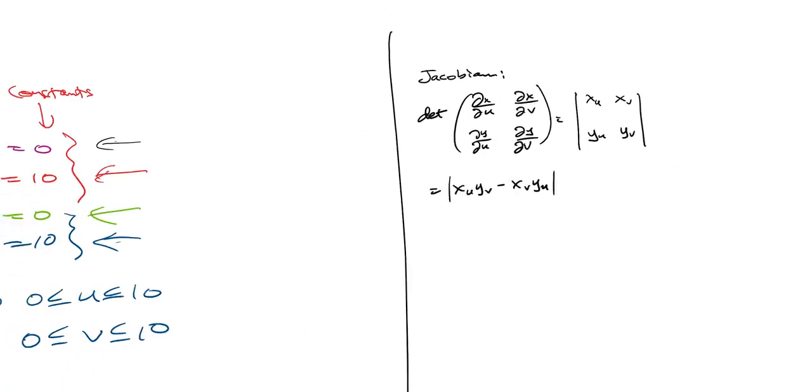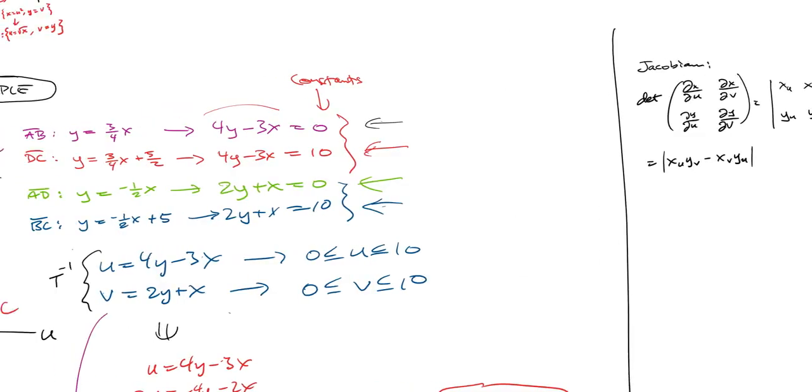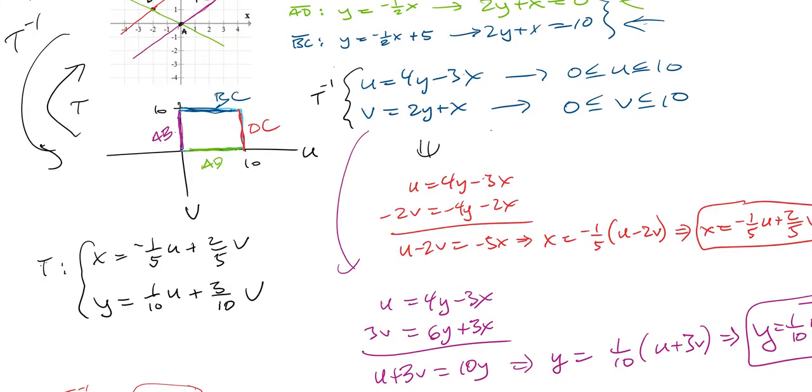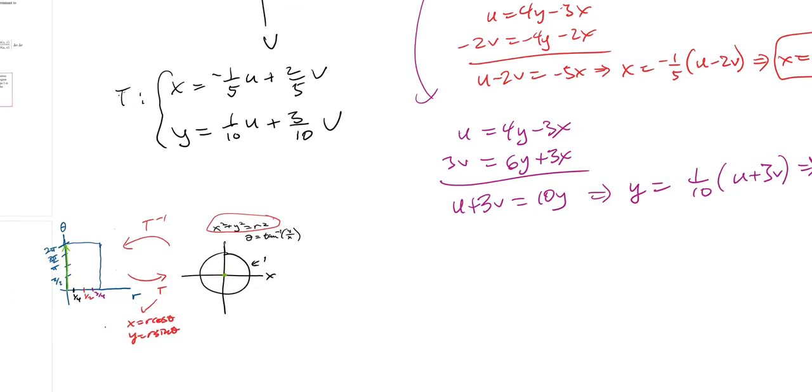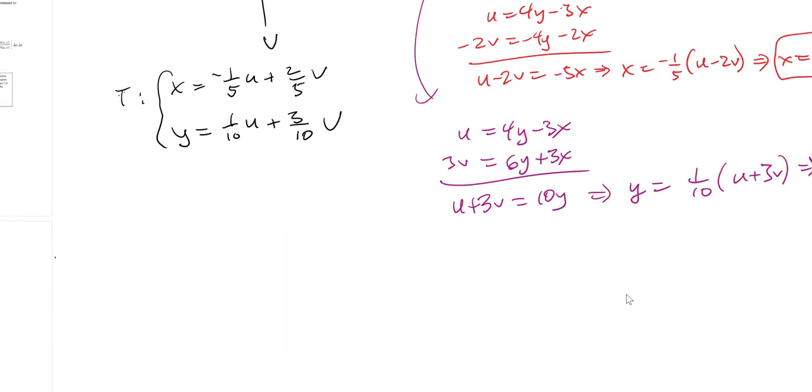So when we look at the Jacobian matrix that we have here, what we get is x sub u would be negative 1/5, x sub v would be 2/5, y sub u would be 1/10, and y sub v would be 3/10.